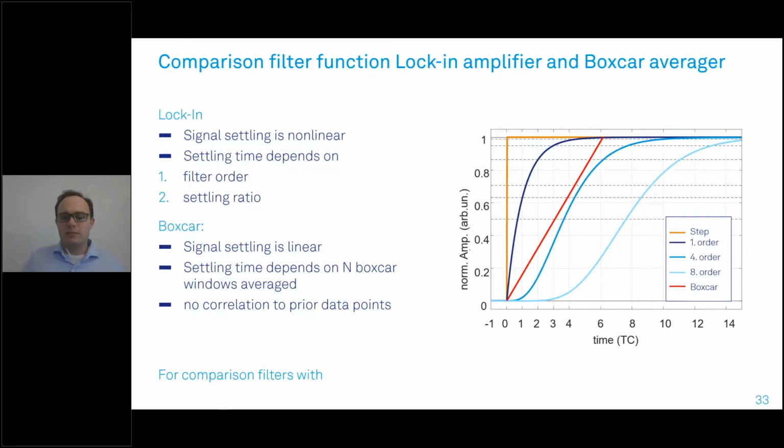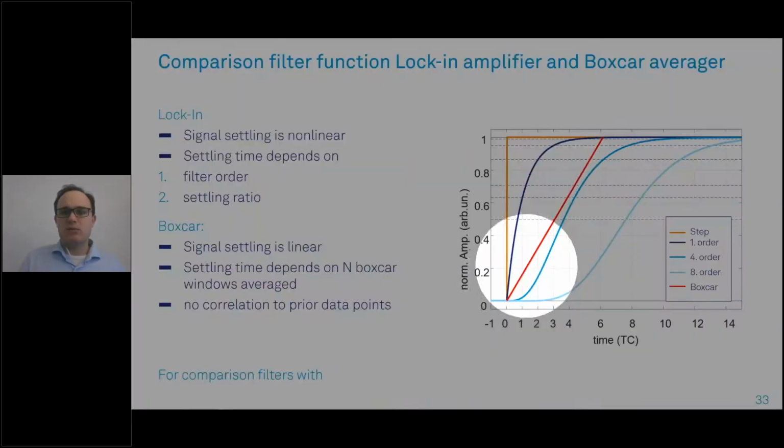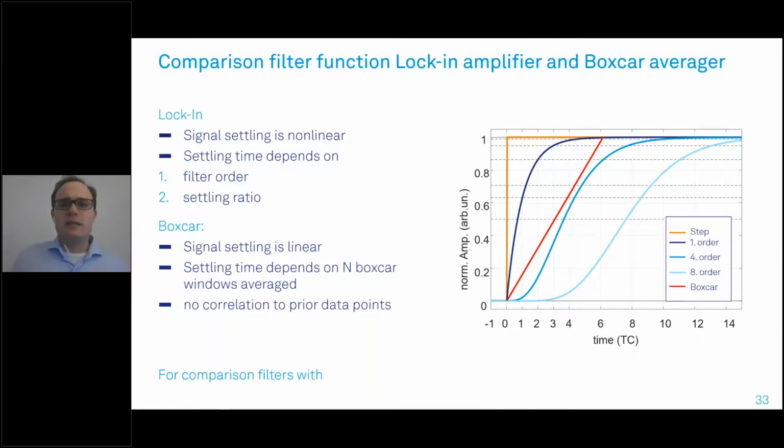On the boxcar, though, the signal settling is linear. So this is this red straight line from the 0 to the 1. Now, it is almost never faster than the first order filter if you want to measure with the same noise equivalent power bandwidth.